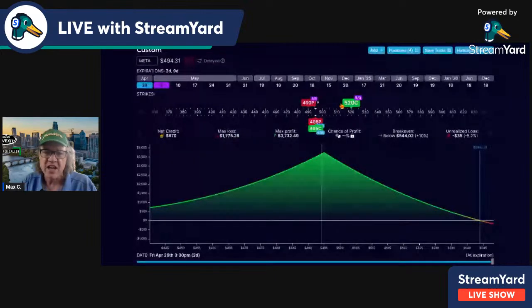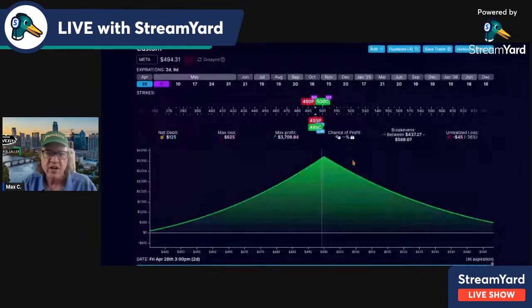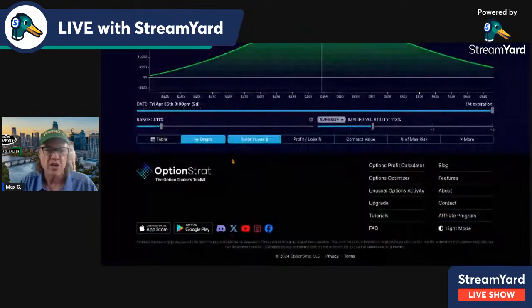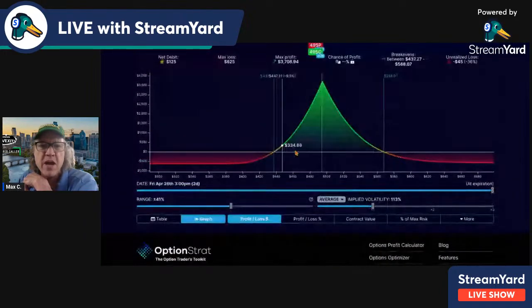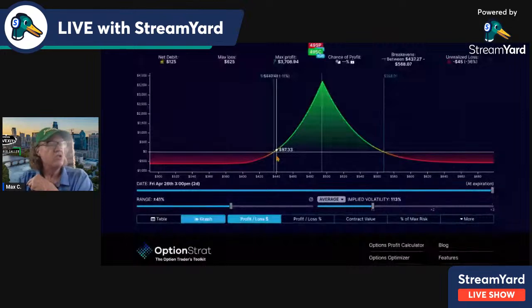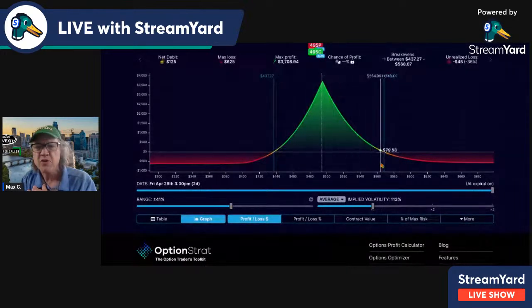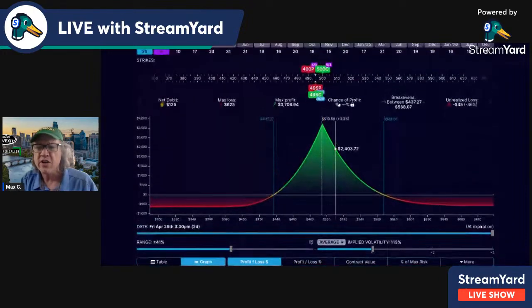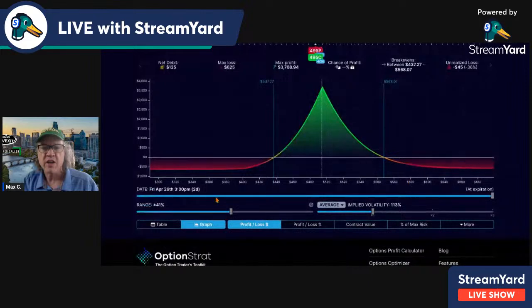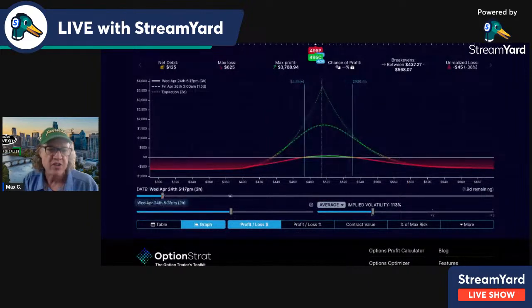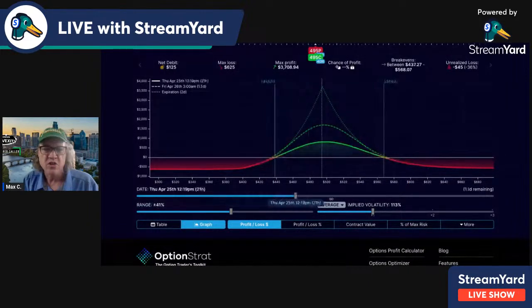And then while you're doing it, you look at the shape you're putting yourself in. So on this trade, you're saying in Meta that after earnings between now and Friday, you don't want it to be down more than 11% or up more than 14%. Anywhere in between there, and you should be fine on your short volatility trade. As time passes, here's what it looks like now, but then they're going to announce earnings.